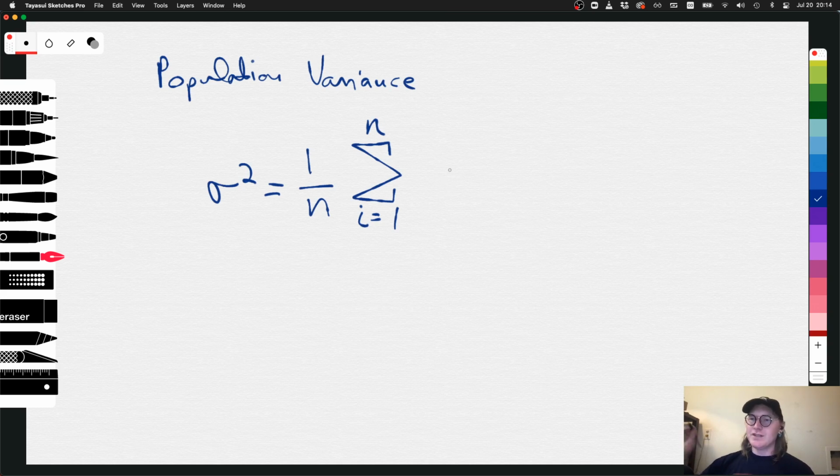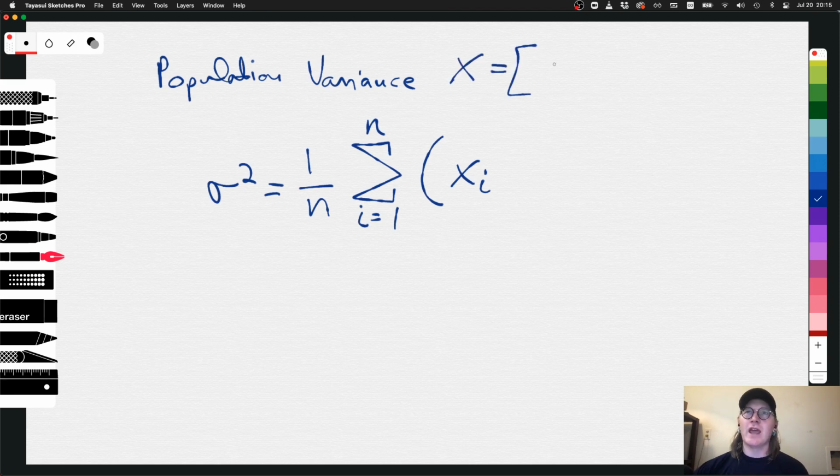And this is just the differences, okay? So the difference between each data point and the mean. The data point we can represent as x sub i. Now, why do we represent it that way? We can imagine that there is a set of data called x, and x is going to have, I don't know, 1, 3, 5, 7, and 9 in it.